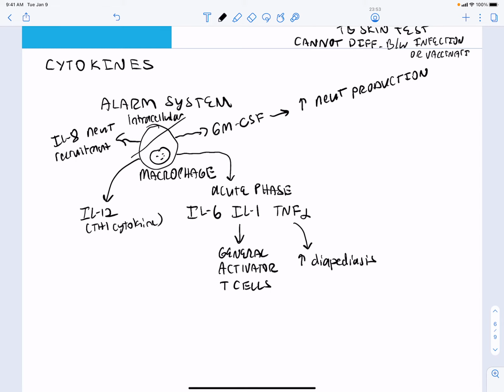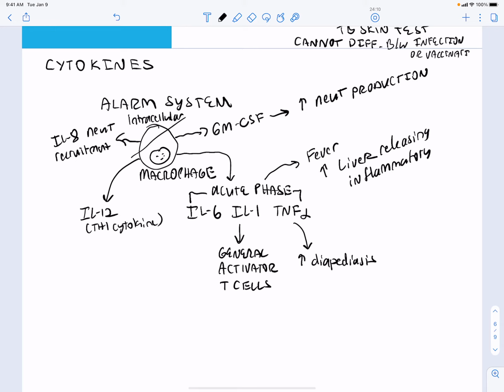And of course, all of these fall into the acute phase, and this is going to lead to fever, increase of liver acute phase proteins, etc., what we've already talked about. IL-12 is going to activate your natural killer cells.